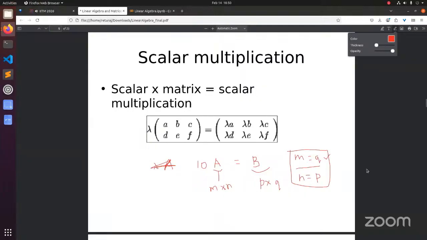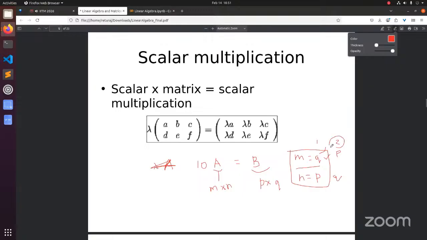Everyone thinks that this is correct. Sir, m equal to p, n equal to q. So there is one contender who says that m should be equal to p and n should be equal to q. So we have answer 1 and answer 2.